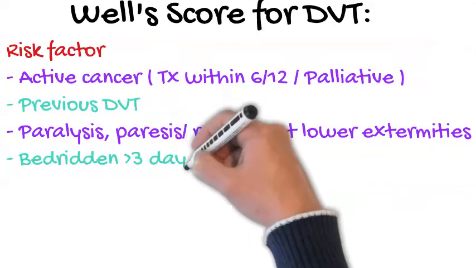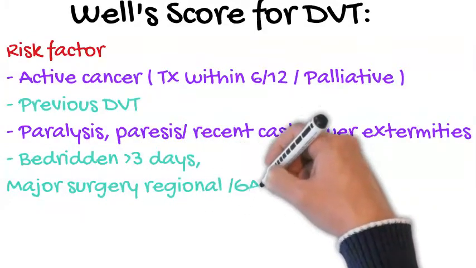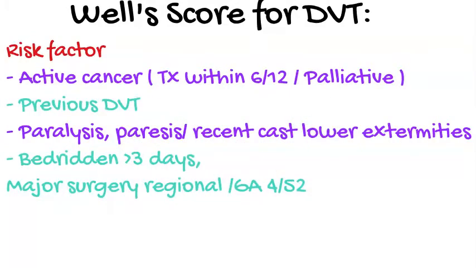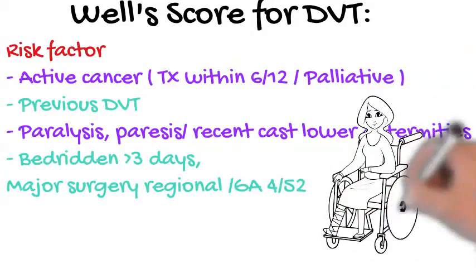Previous documented DVT can give 1 mark. Paralysis, paresis, or recent cast immobilization of lower extremities can give 1 mark. Recently bedridden for more than 3 days or major surgery requiring regional or general anesthesia in the past 1 month, I will give 1 mark.